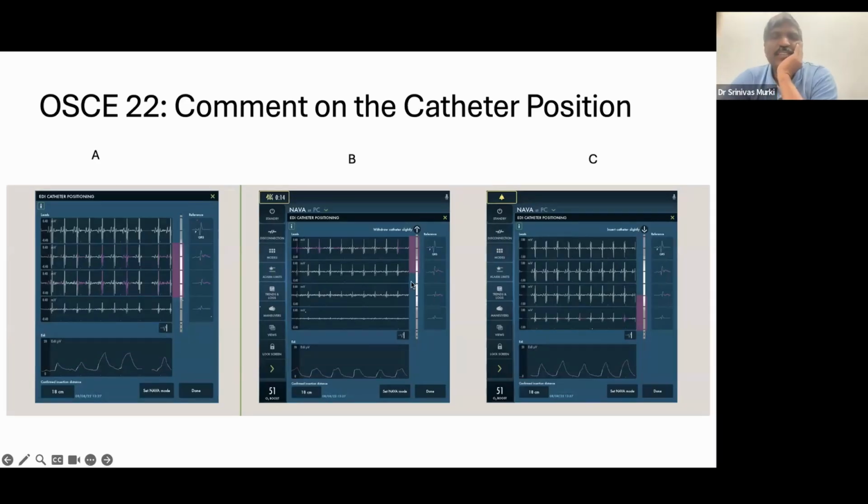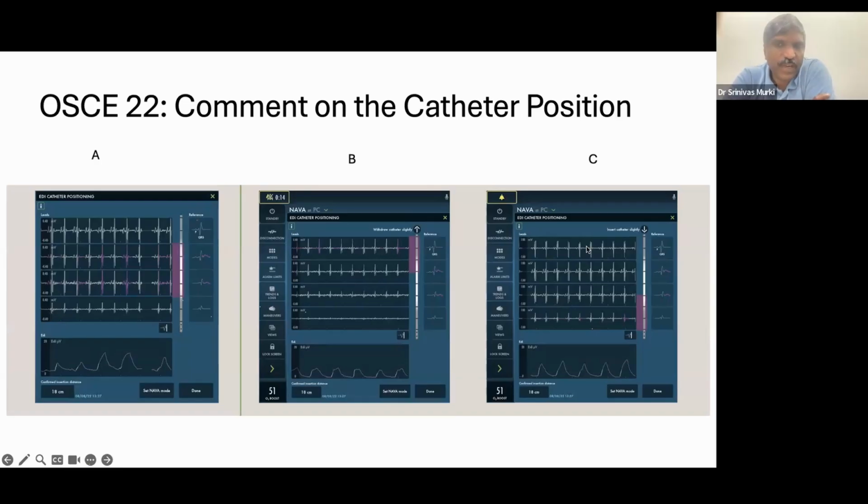I think nobody has seen NAVA or read NAVA. Anyway, we want you to learn NAVA because it's more theoretical. Currently, it is not used in any of the units in the country. I'm not very sure if somebody is using it, but yeah.